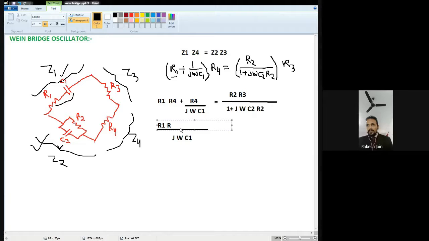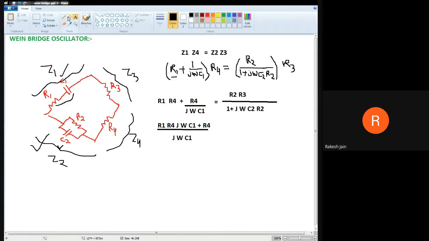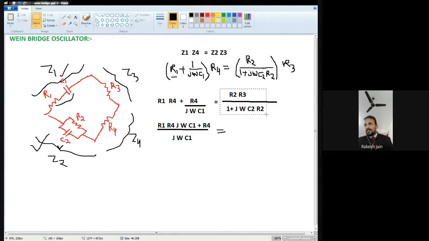So we get R1 R4 j omega C1 plus R4, and the right hand side will be equal to the same term. We cannot modify anything: R2 R3 divided by 1 plus j omega C2 R2.